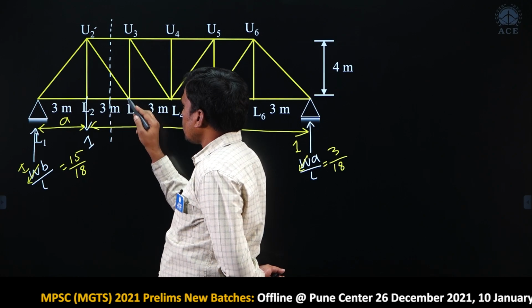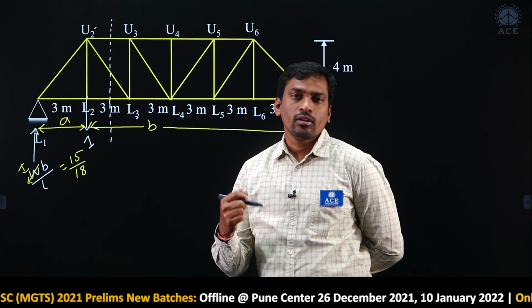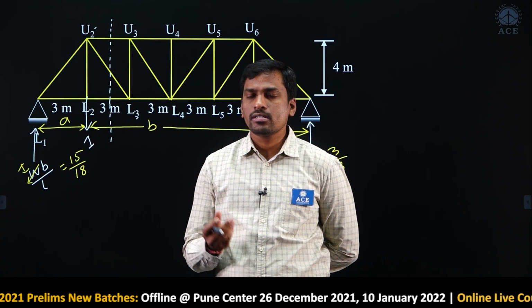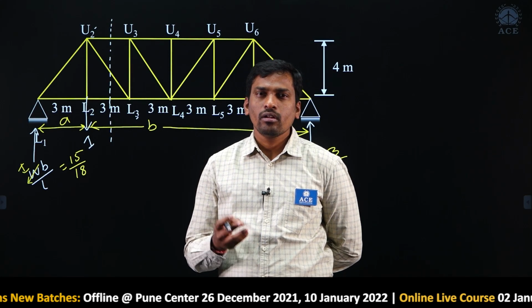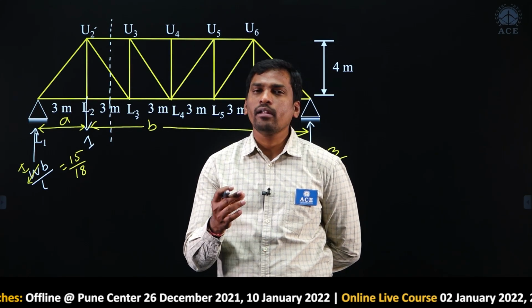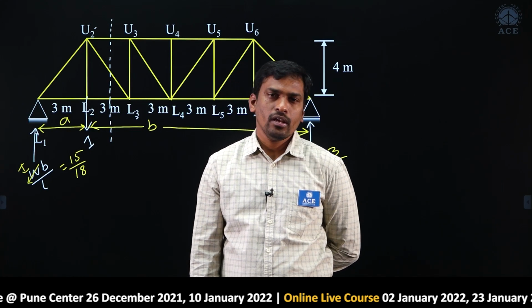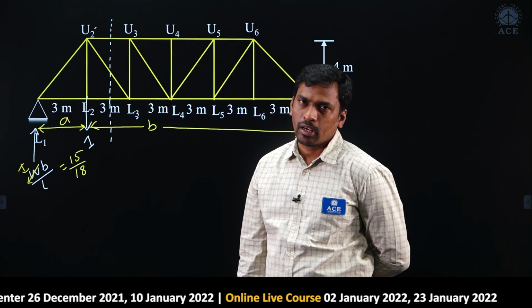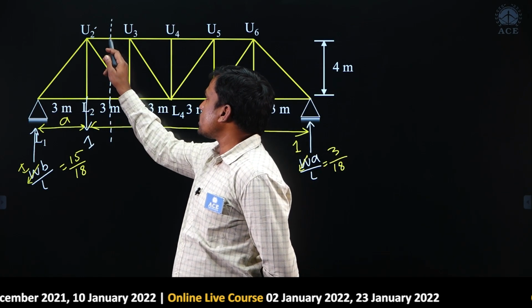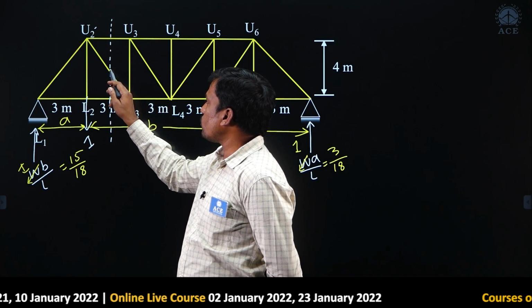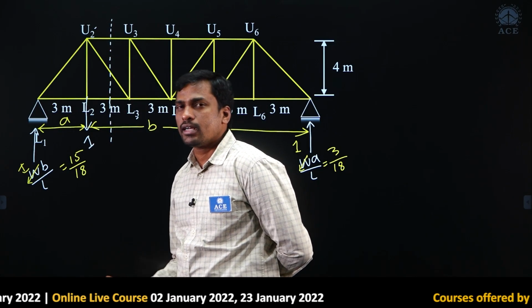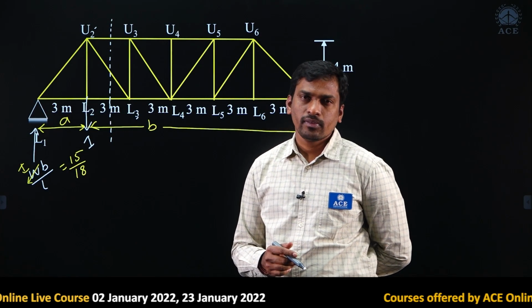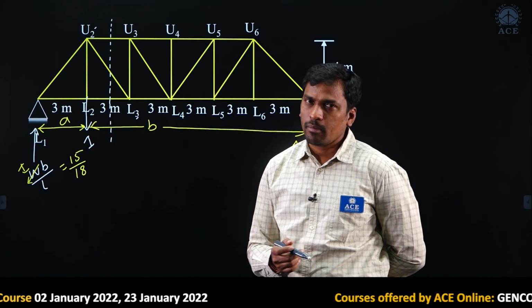Students, to find the force in the inclined member, I told you the preferable equilibrium equations: horizontal equilibrium equation, vertical equilibrium equation and moment equilibrium equation. First we will try the horizontal equilibrium equation. How many horizontal cut members are there? 1, 2, 3. It means the horizontal equilibrium equation is not possible. Next we will try the vertical equilibrium equation.